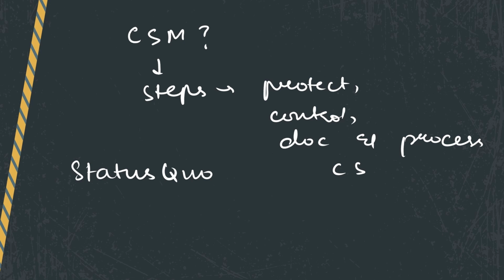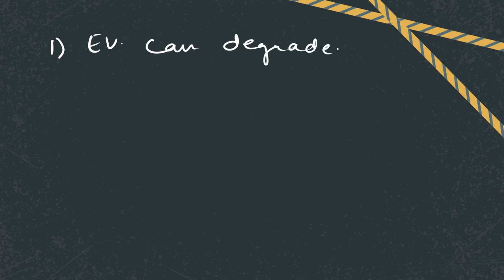Now, students always ask, why is there so much drama? The tape, gloves, shoe covers, why? Because a crime scene is extremely fragile. So let's understand this properly. So the evidence can degrade. This is called evidence degradation.